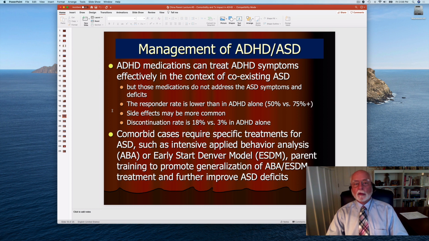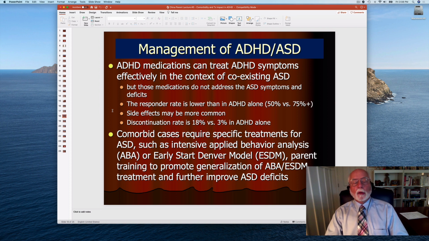Nevertheless, there is still a good chance that the child who has both disorders can take an ADHD medicine to manage the ADHD. Of course, the autism requires its own intervention because ADHD treatments don't help autism.